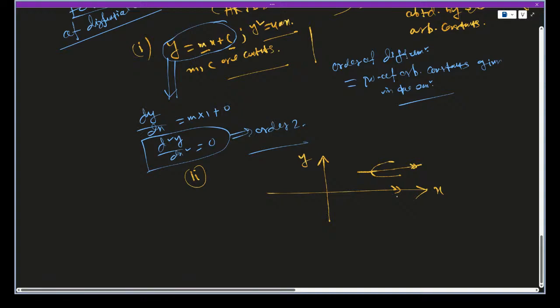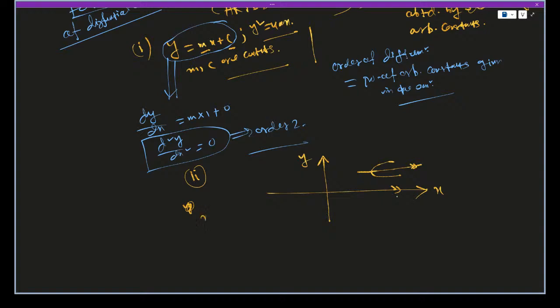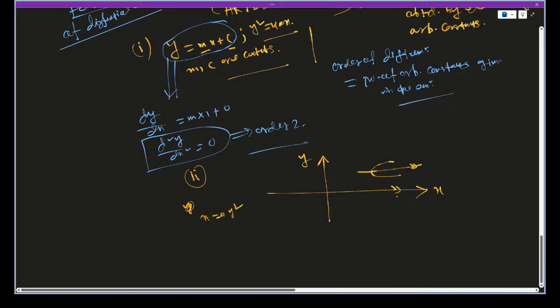So in that case, the equation will be x equal to ay square plus by plus c. Okay?